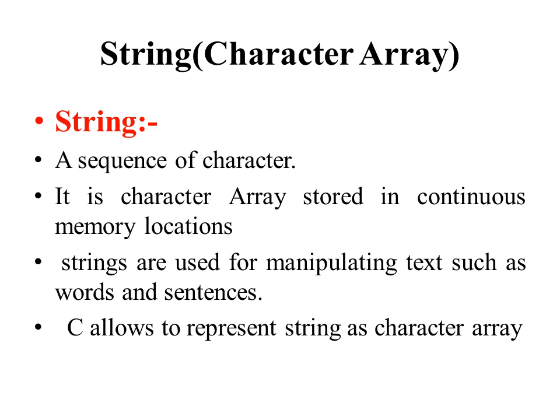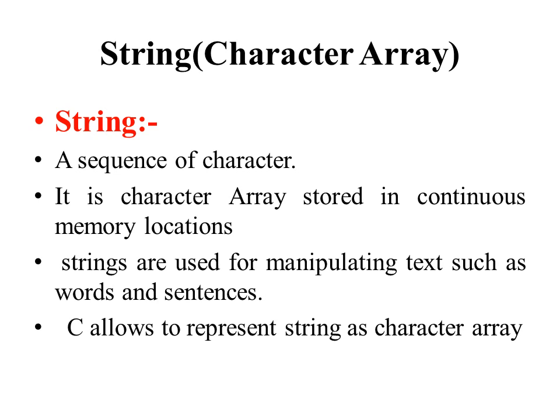Whenever we are trying to make a group of characters or alphabets, that group is namely a string. So, like arrays of integer and float, we can have an array of characters. A sequence of characters is nothing but called a string. Or we can say that a string is a character array stored in continuous memory locations.